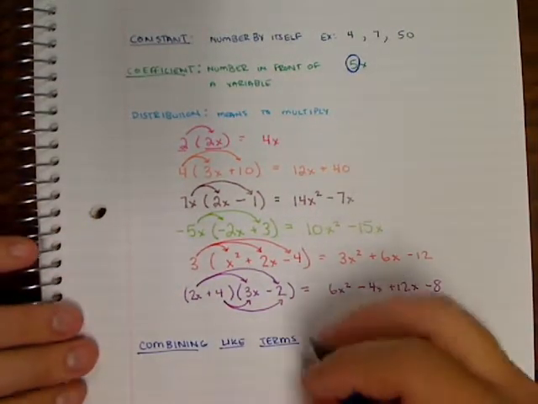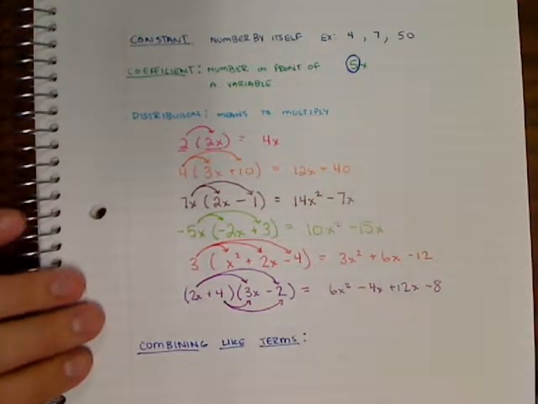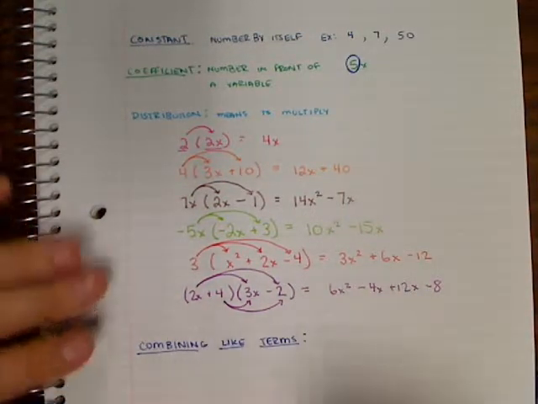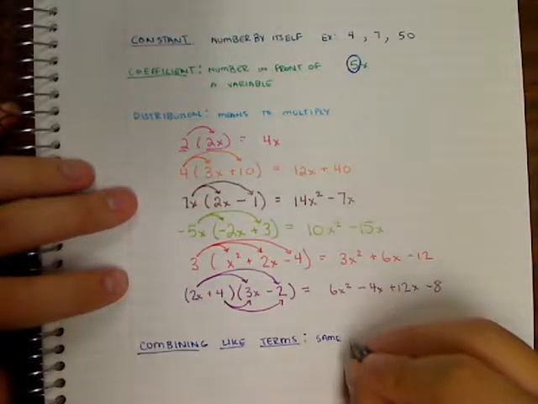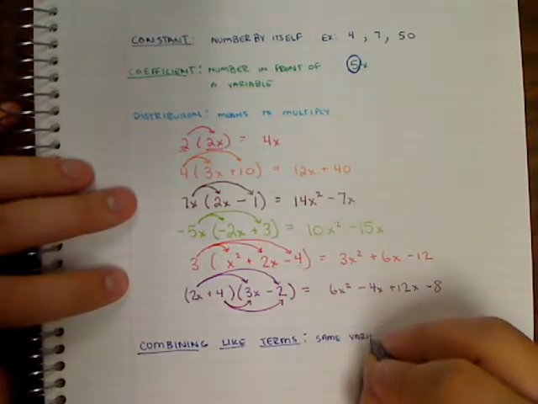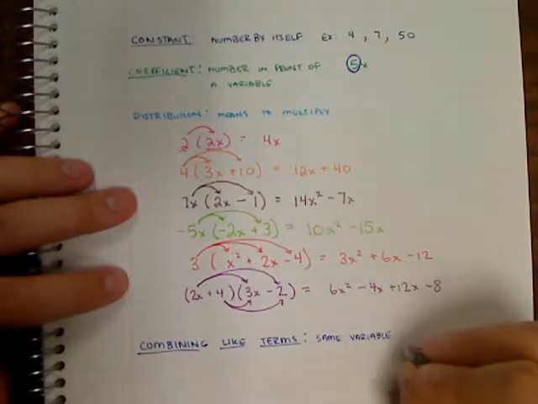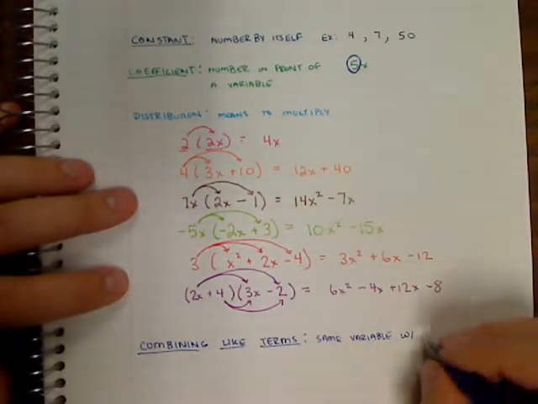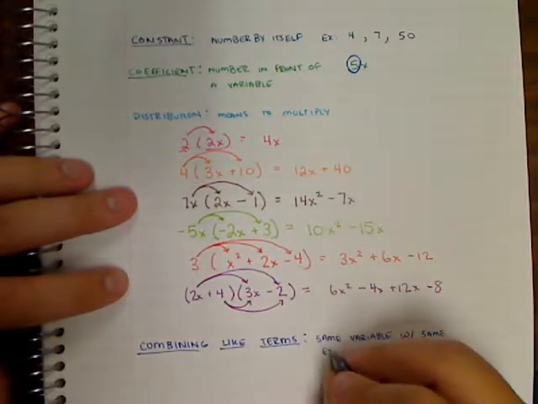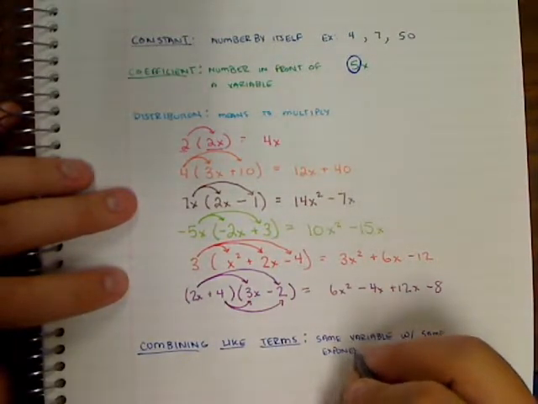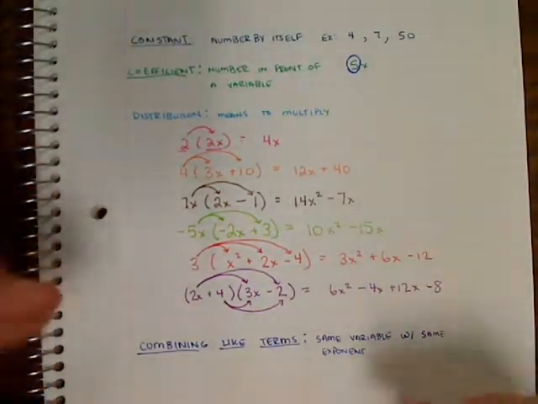Okay, combining like terms just means finding the things that have the same variable with the same exponent. And we're going to combine them.